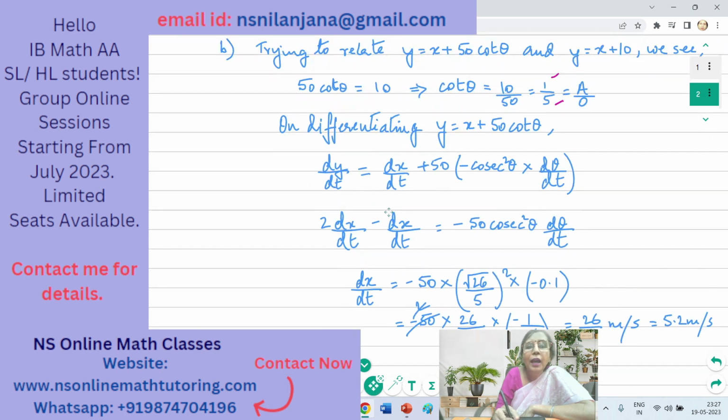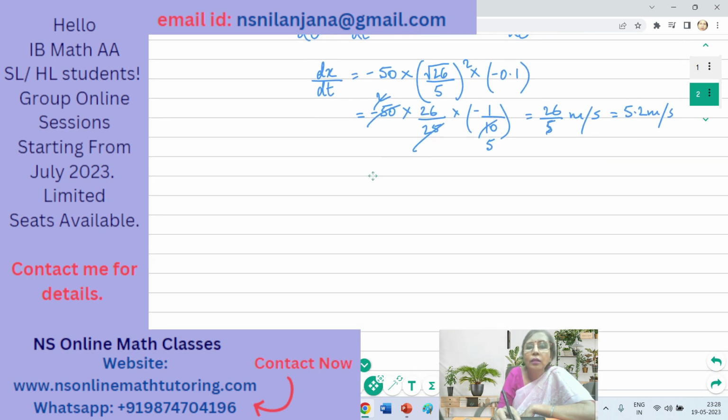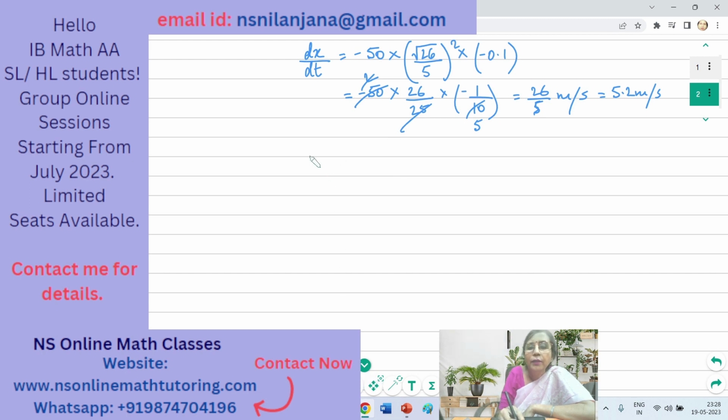Therefore, they have asked for speed of boat A at time capital T. Therefore, speed of boat A at time capital T is equal to 5.2 meters per second.